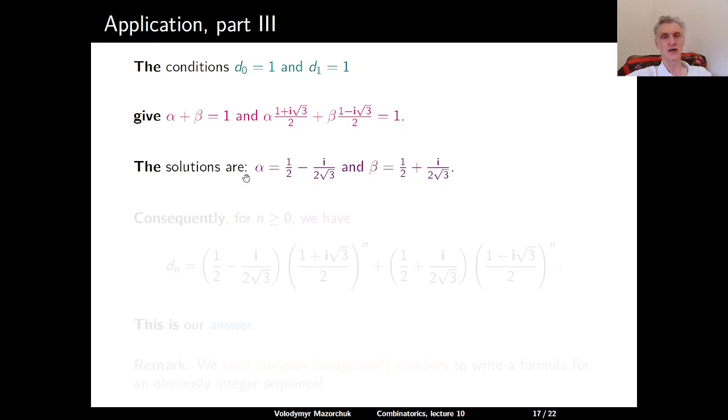The solutions are alpha is equal to 1/2 minus i divided by 2 square roots of 3, and beta is equal to 1/2 plus i divided by 2 square roots of 3.